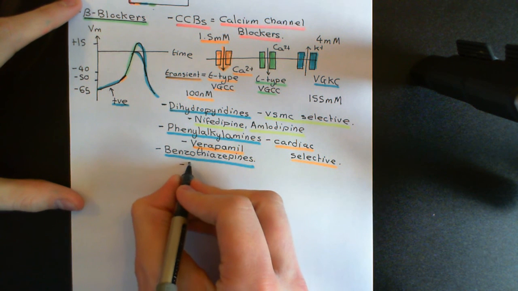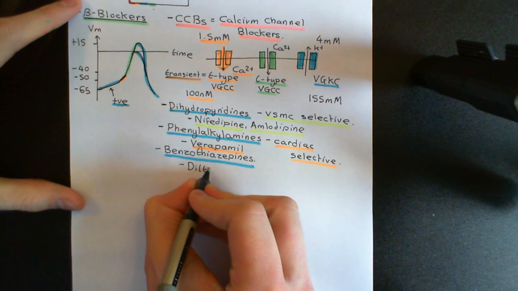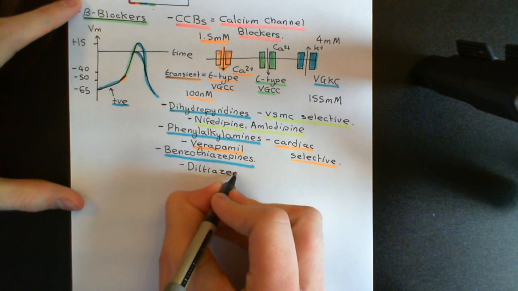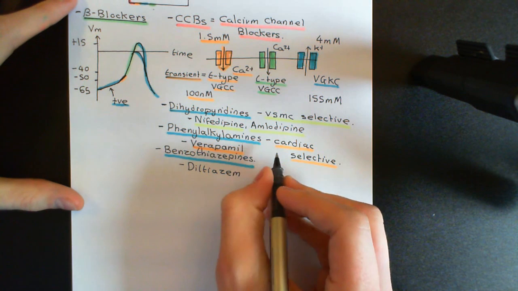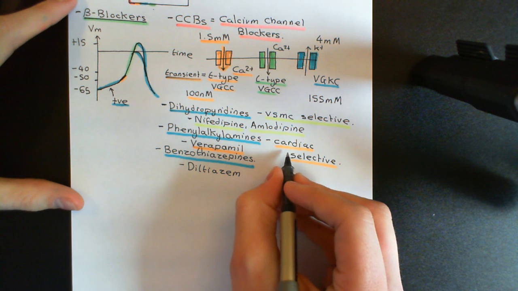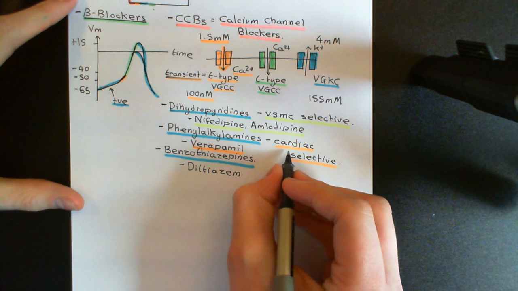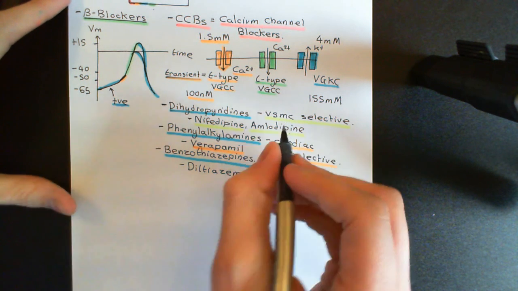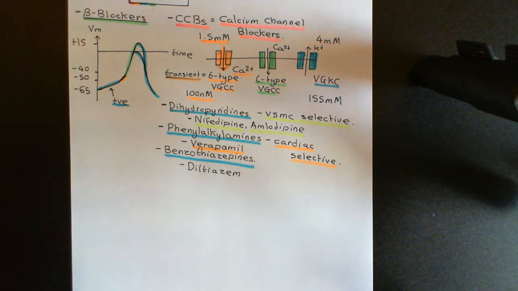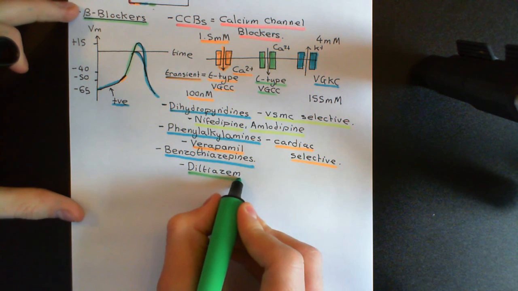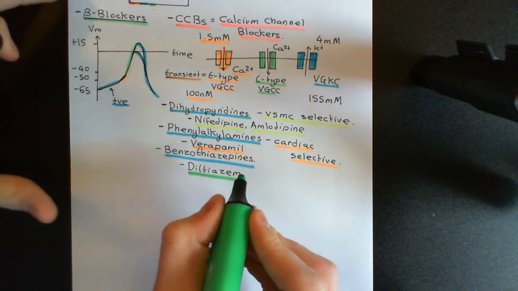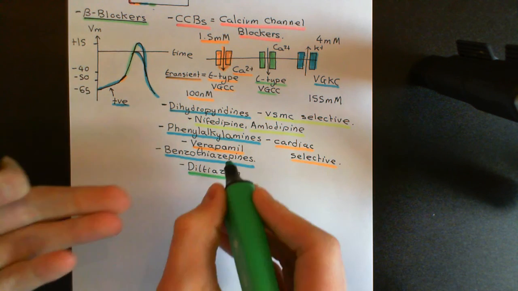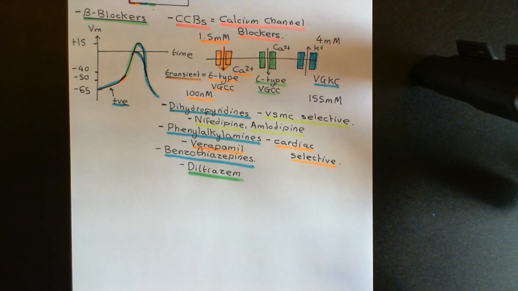Benzodiazepines, of which the main example is the drug diltiazem, are somewhere in the middle. They block well both the L-type voltage-gated calcium channels in cardiomyocytes and also those in vascular smooth muscle cell membranes. So diltiazem can be used also, like verapamil, as an antiarrhythmic drug.